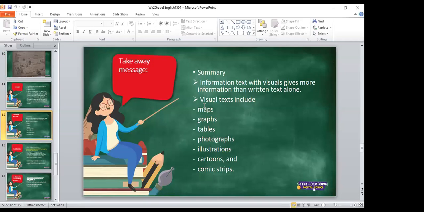That is the reason for this lesson, to learn how to read visual text, to know how to interpret it correctly so that it makes sense. In your syllabus, in your textbook that you are reading, which I will share with you at the end of the lesson, it was on maps and also on tables.